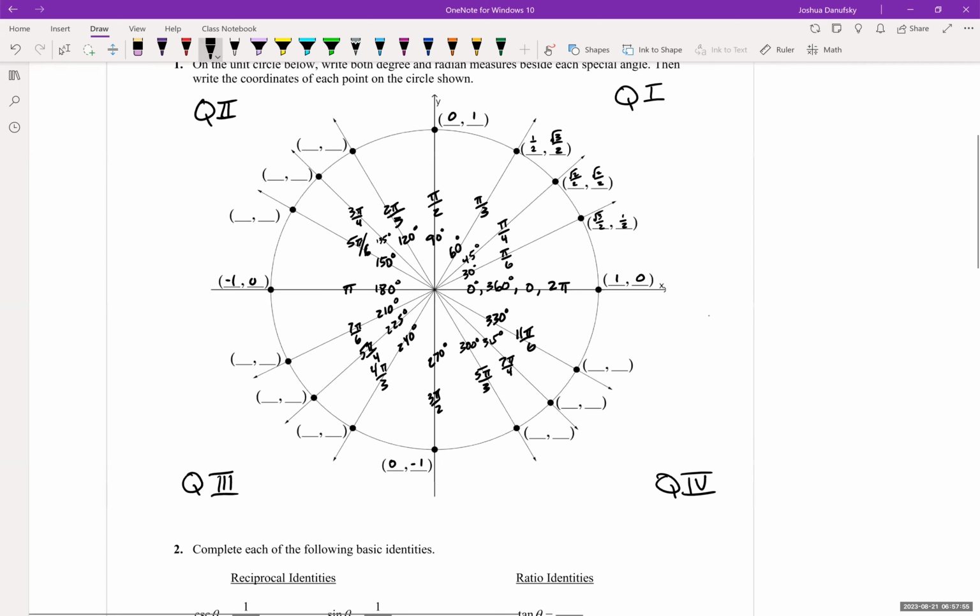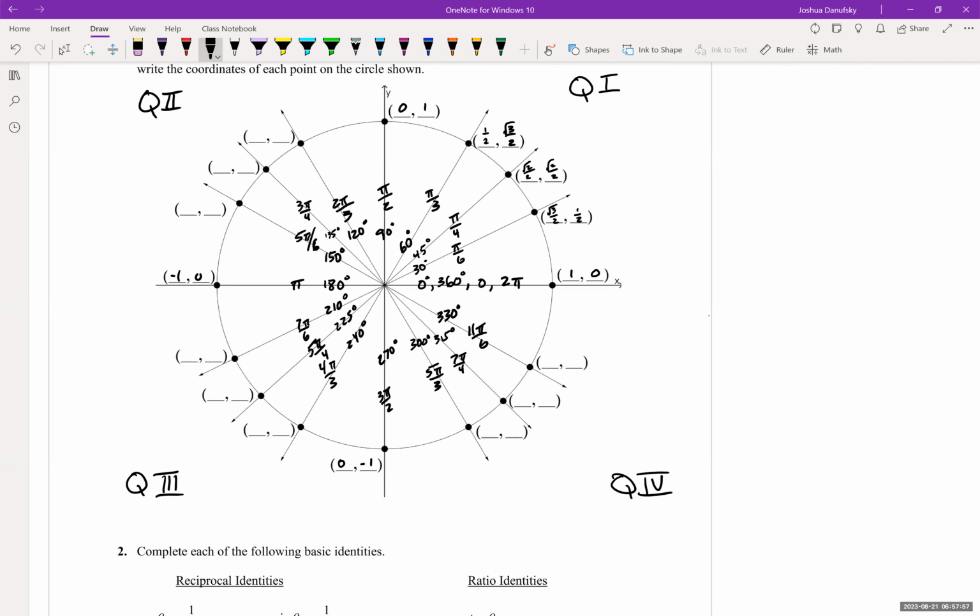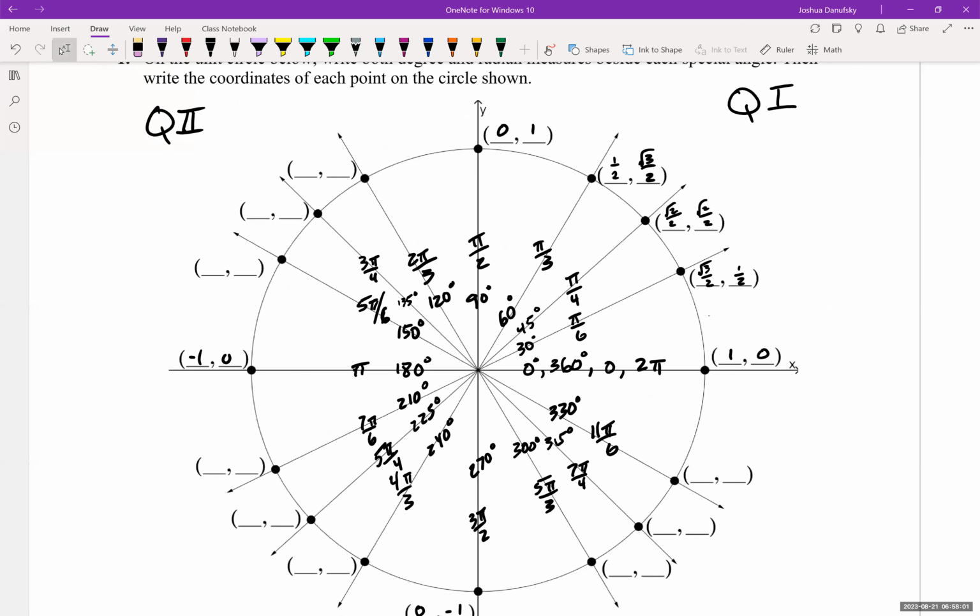Now, I'm going to complete all of the values of the points simply by looking at the symmetry. In other words, I'm going to look at this point here and realize that it mirrors this point with the exact same x and y values, except x has to be negative. So this will be negative 1/2, root 3 over 2.